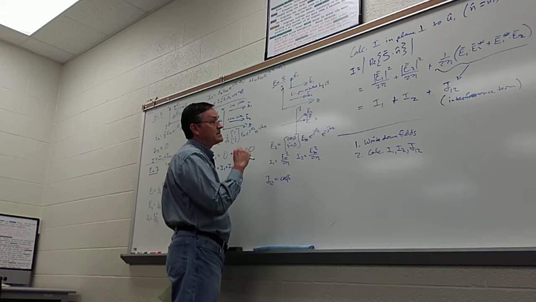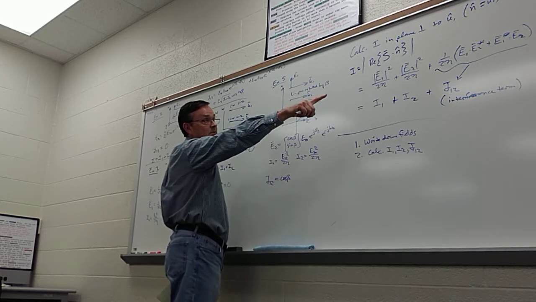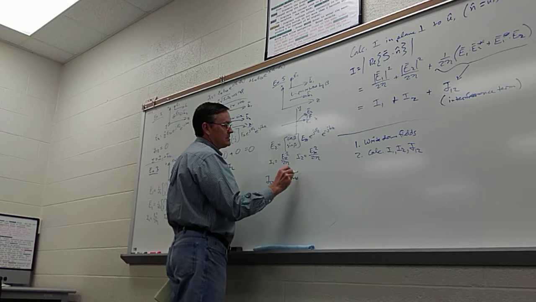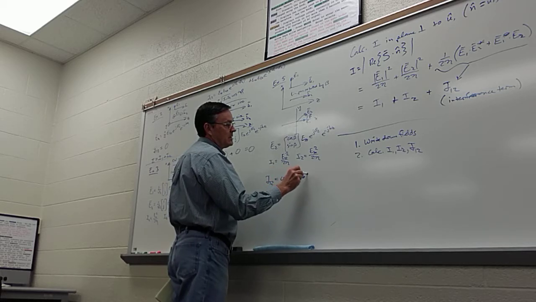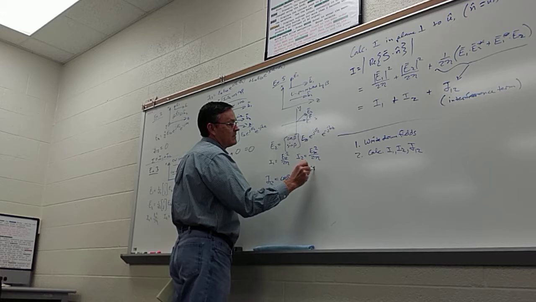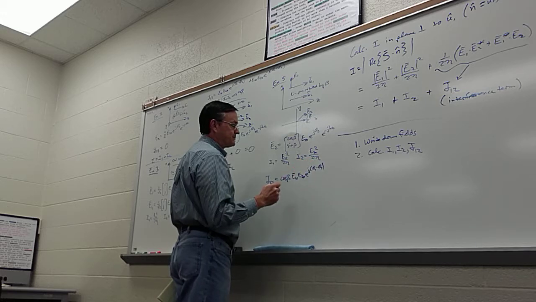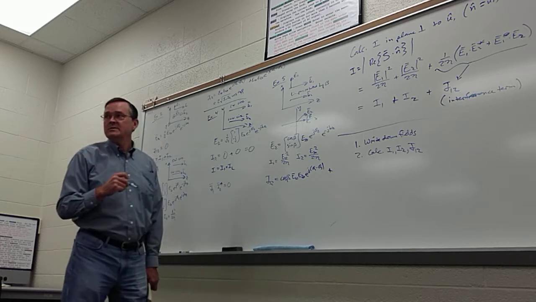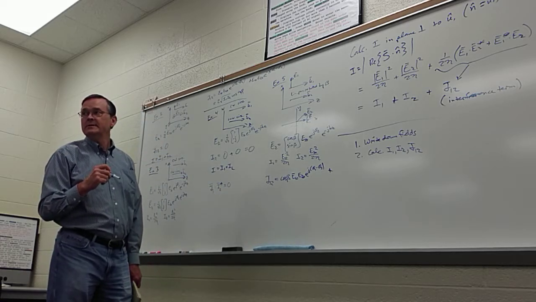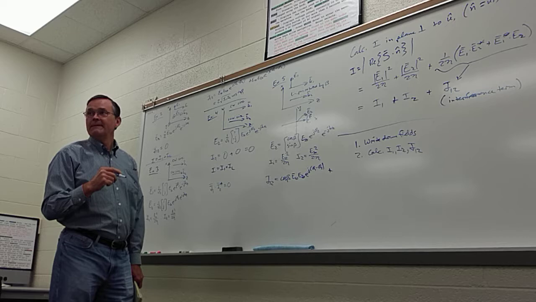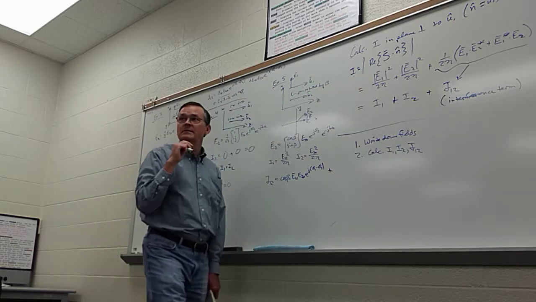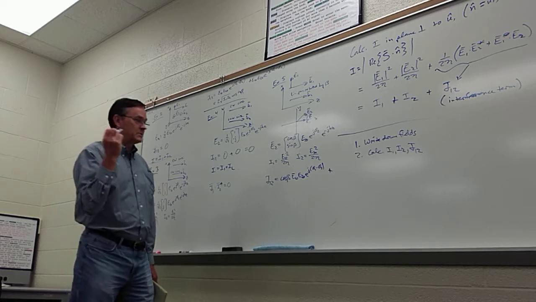And then I have the rest of it times the complex conjugate of this stuff. So that gives me E10, E20, e to the j, phi1 minus phi2, plus the next piece. What does the dot product give me? So the E1 complex conjugate dot E2, it'd be cosine beta.